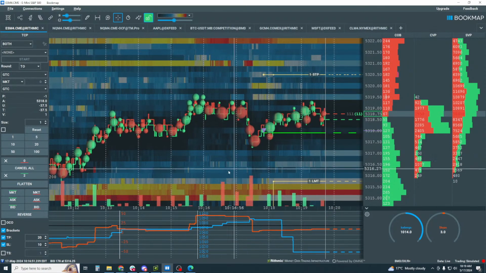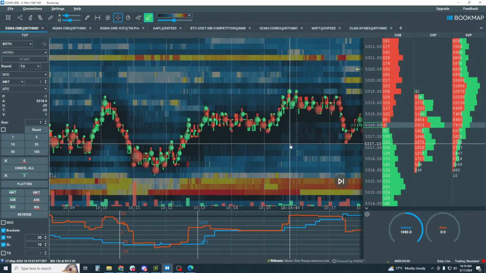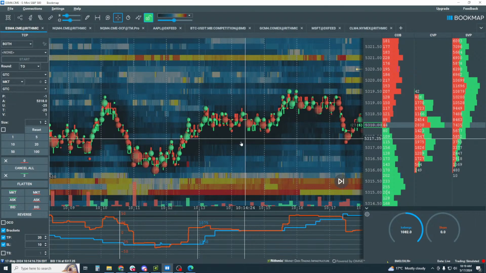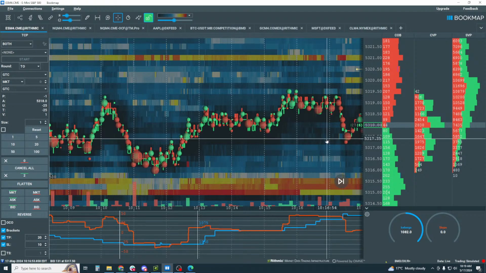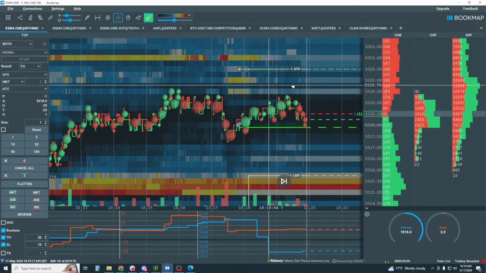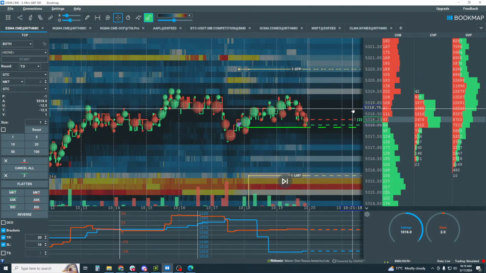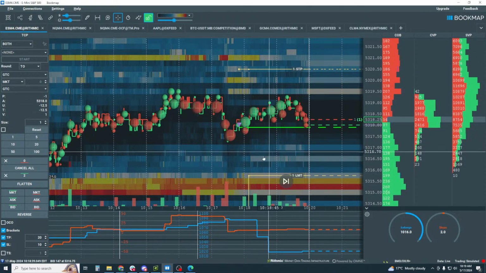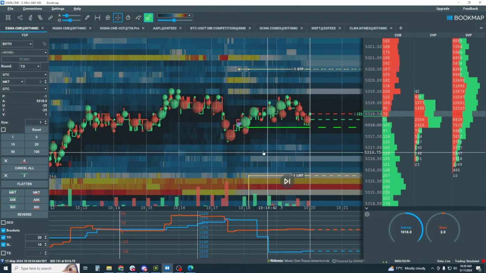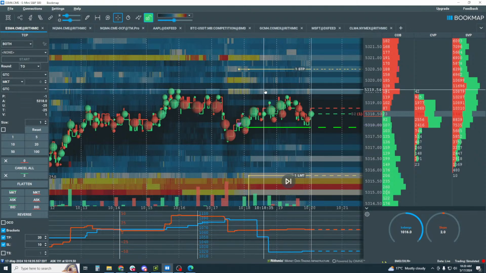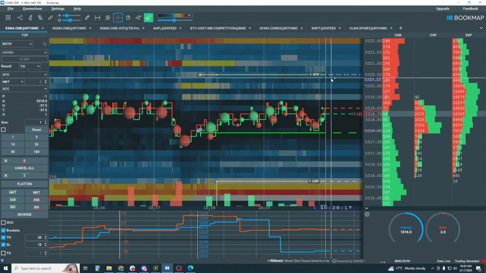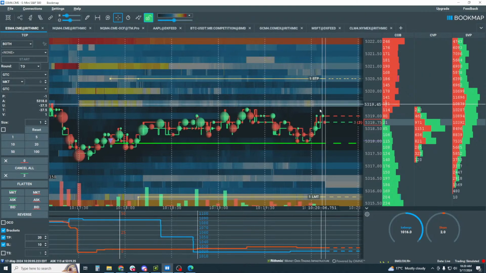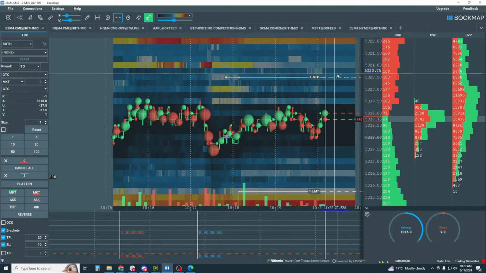As you can see, we didn't see that earlier. Maybe a little bit in here, but see how it's dark in here? That's why we're looking for our sellers to continue the move down. And we got a little bit of a shift in the order flow here, meaning these limit buy orders here and these limit sell orders up in here. So anyway, we're still looking for the move lower.